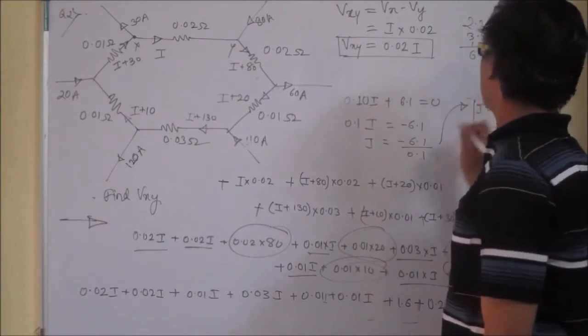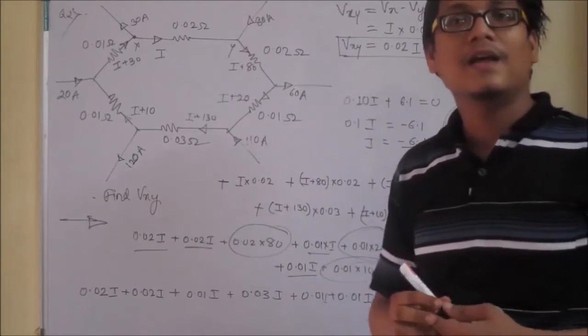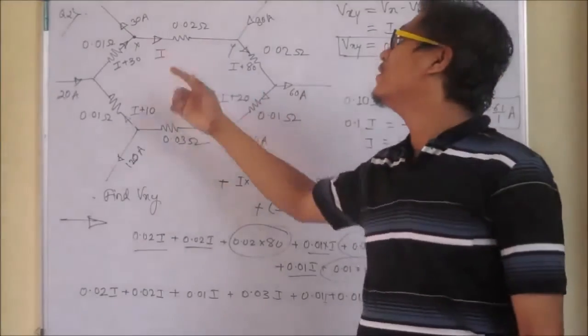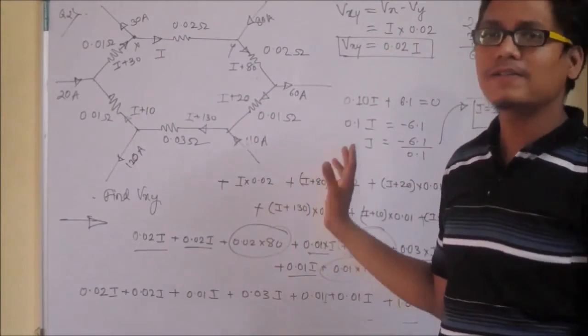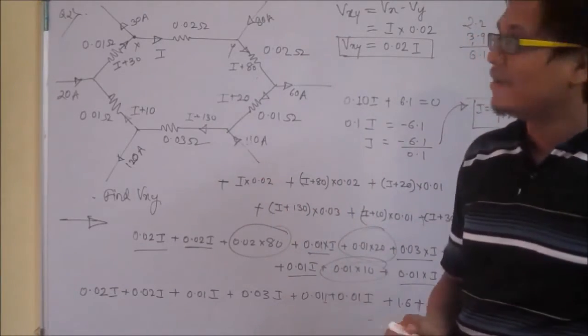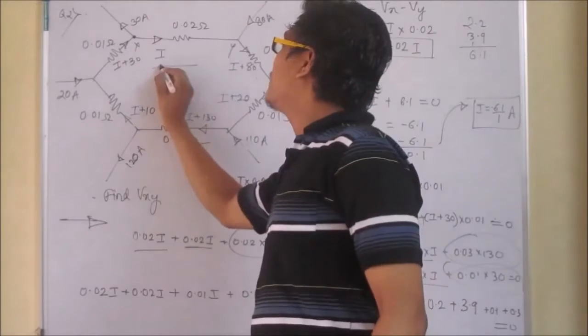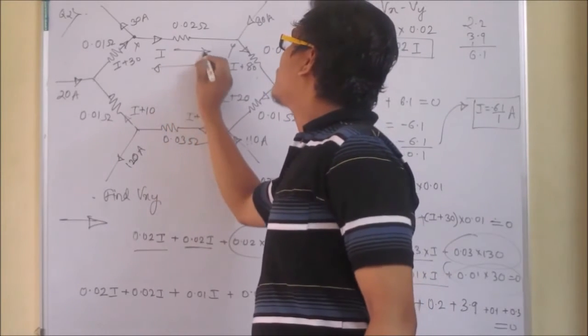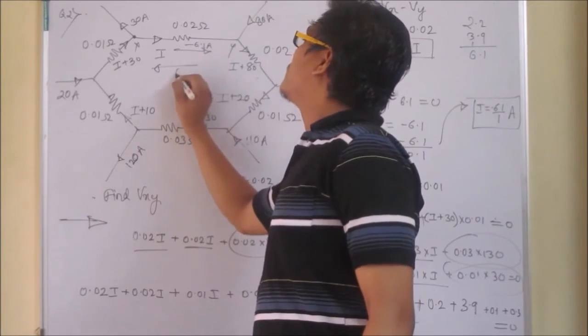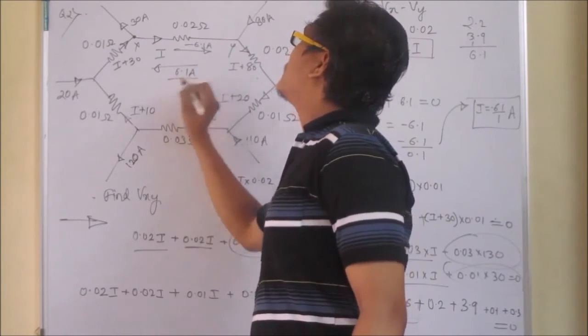What does this minus sign indicate? It tells us that our assumed direction is wrong. The magnitude of current is right, but it is coming out negative. That is, actually current is going in this direction, towards the right, minus 6.1 amperes towards right, or 6.1 amperes towards left.